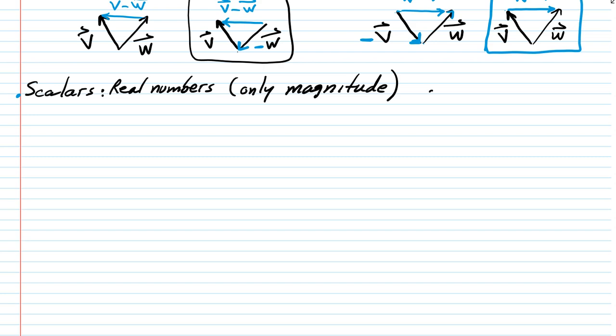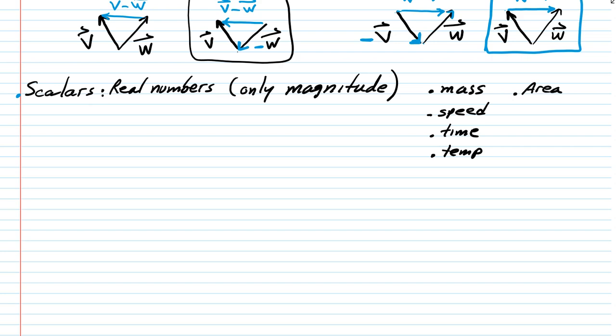So examples of scalars would be mass, volume, things like that. These are all scalars, things that don't have direction associated with them. Time, and let's throw in temperature, area, things like that. These are all magnitudes.